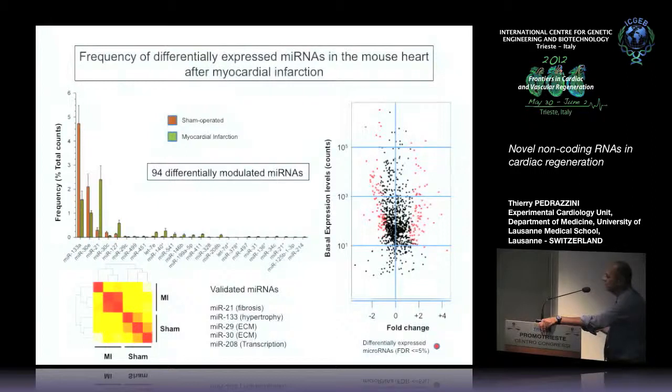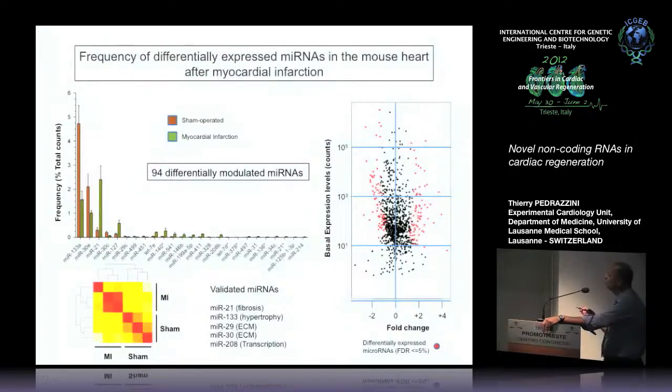Now, we detect the obvious ones that have already been described in the literature. One important point is that if you do clustering analysis, there is very good homogeneity between these different samples, suggesting that you really have a clear response of the microRNA transcriptome in this situation.